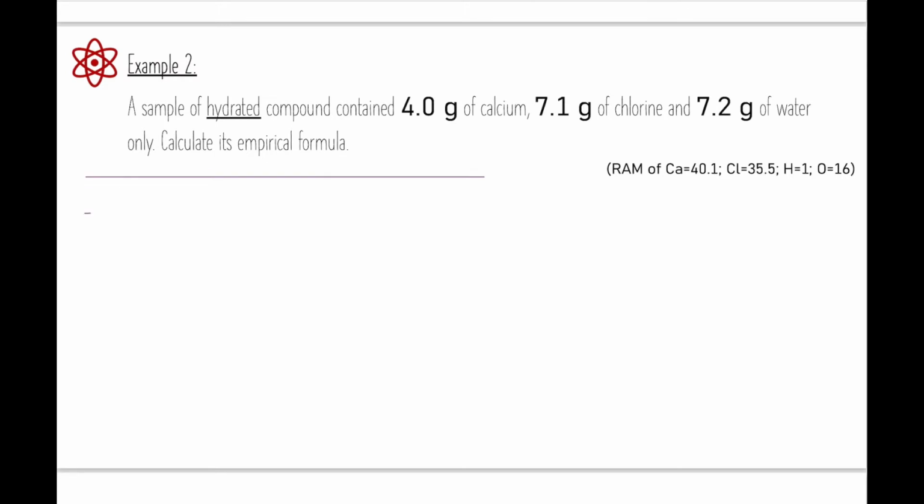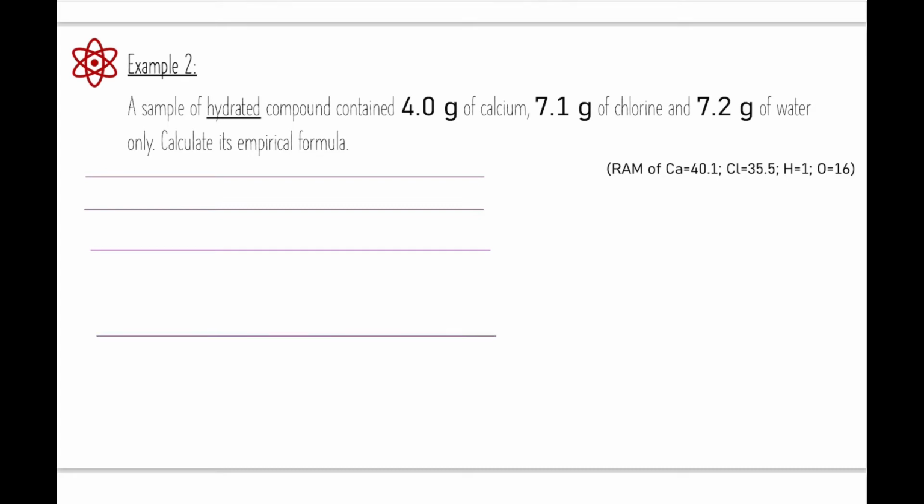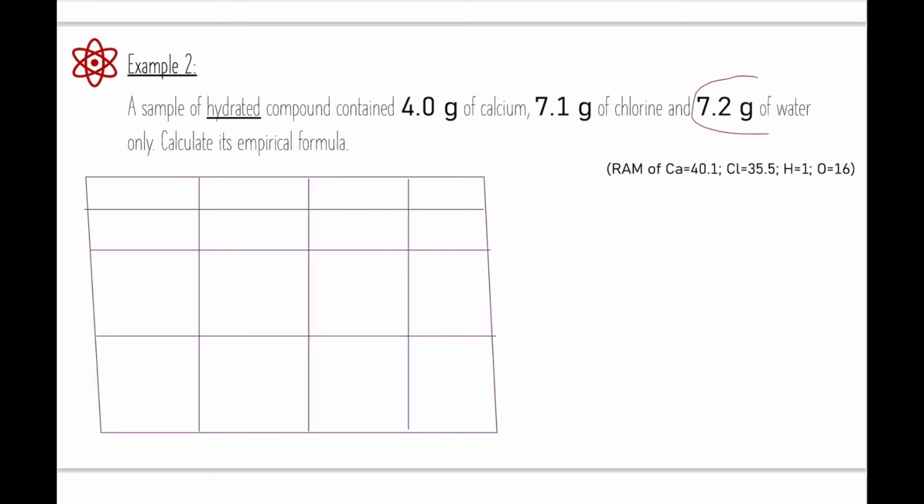First of all, you have to construct the elements, mass, mole and ratio table, similar to the previous example. Since this is a hydrated compound, the 7.2 gram of water will be placed in the same column to calculate the number of mole of water rather than separated H and O as elements.